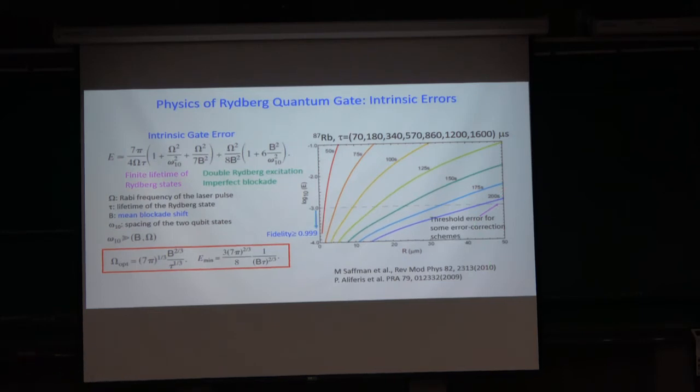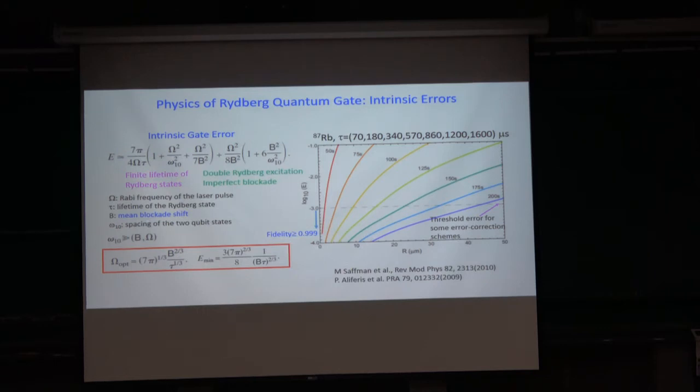However, there are some technical difficulties. Once you excite to a very, very high principal quantum number, the energy levels are very congested, so it's very easy to be affected by stray electric fields of the environment. So basically, people mostly choose around n equal to 75.